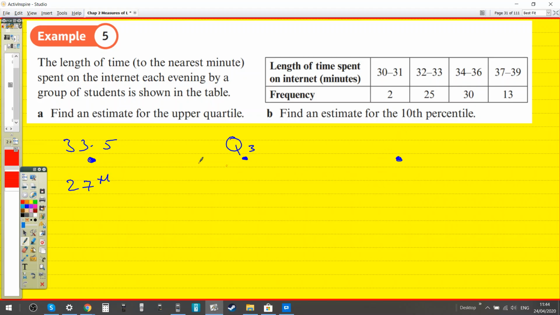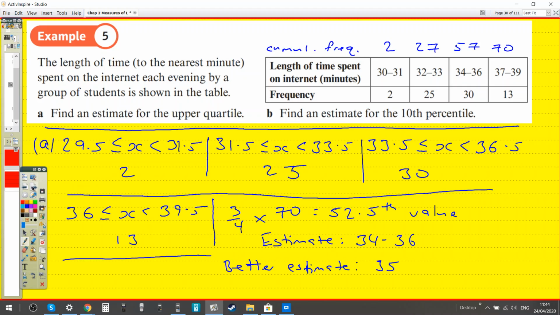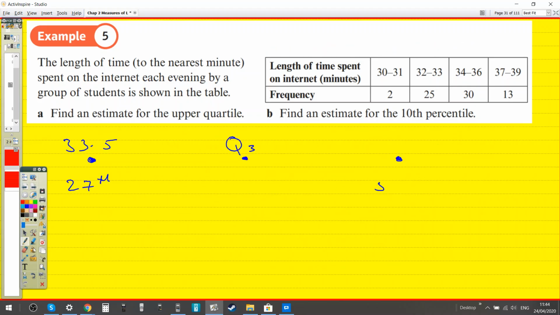The 57th student would have gotten 36.5 as the upper bound. And so Q3 in the middle is the 52.5th person. So far, so good. Do you see what's going on there?